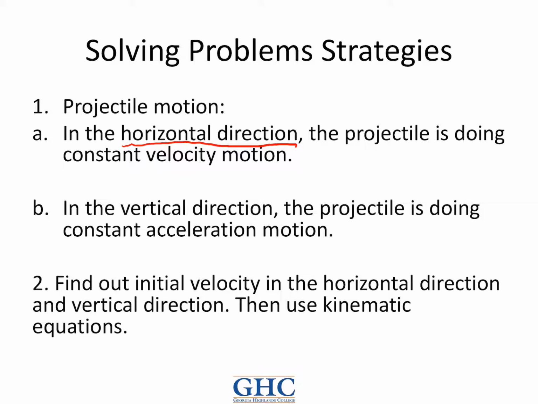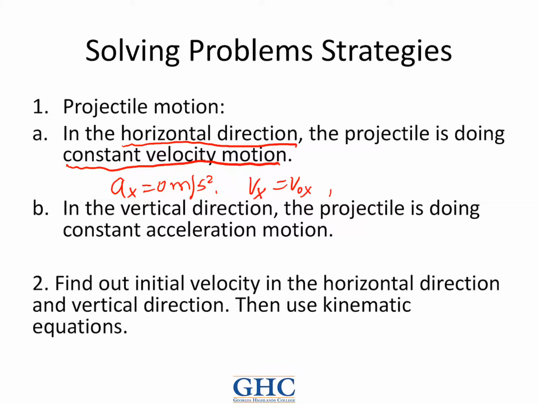So the projectile will always do constant velocity motion in the horizontal direction, which means the acceleration in the x direction should always be 0, and the velocity in the x direction always equals its initial velocity in the x direction.